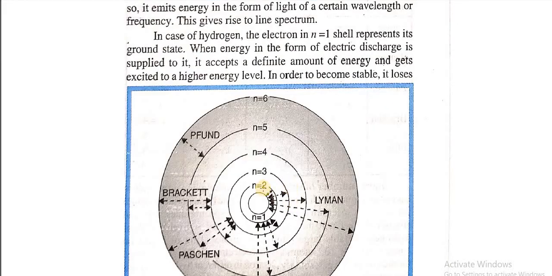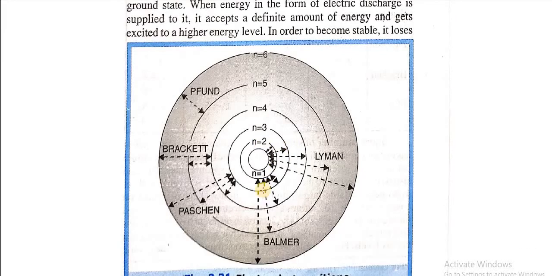Now over here, in that hydrogen spectrum, say for example, if this is the nucleus, and outside we have the orbits, first orbit, second orbit, third orbit, like that. If you have one electron in the first orbit, when you supply energy, it will be excited and jump from a lower energy level to a higher energy level.